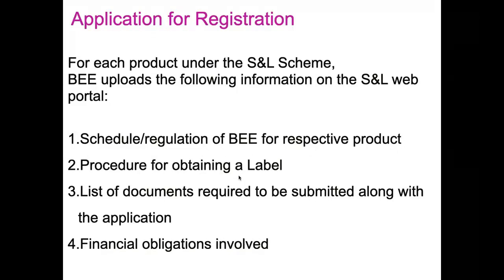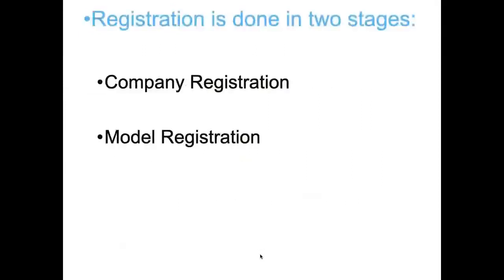And you can say that financial obligations are also involved here, right? And an applicant is required to apply online through the standards and labeling web portal, and subsequently submit a hard copy of the application along with the supporting documents to BEE as well.